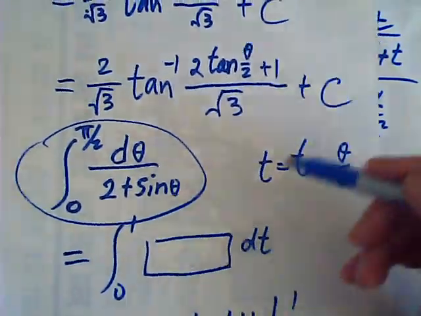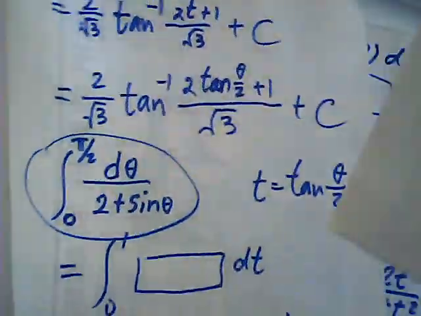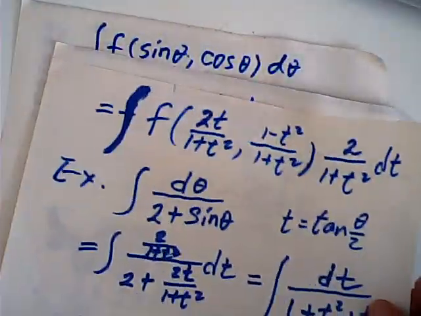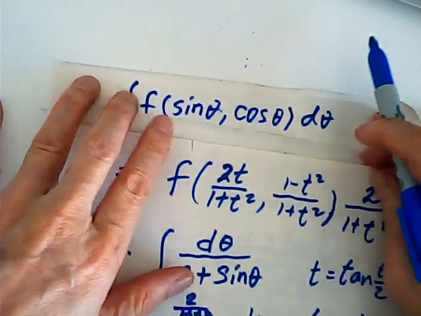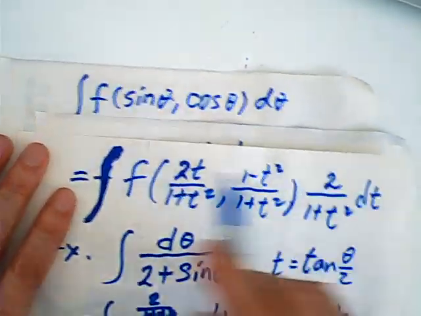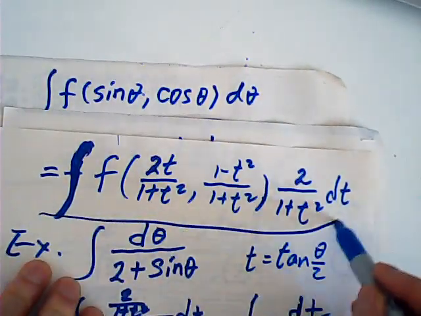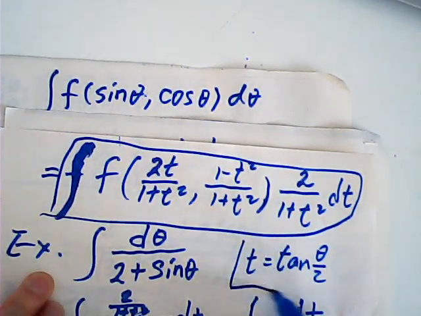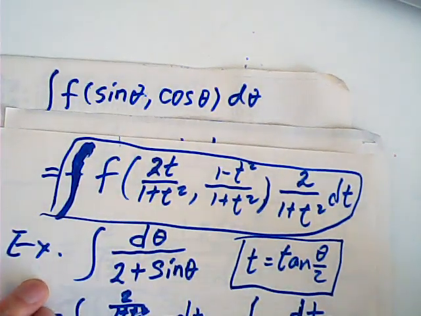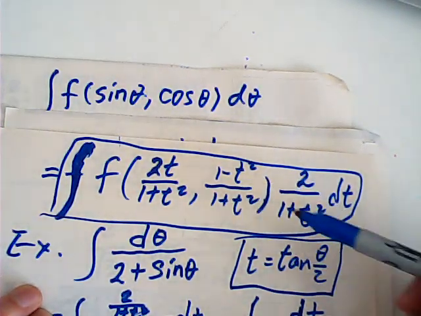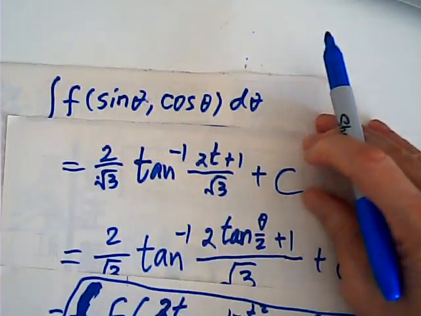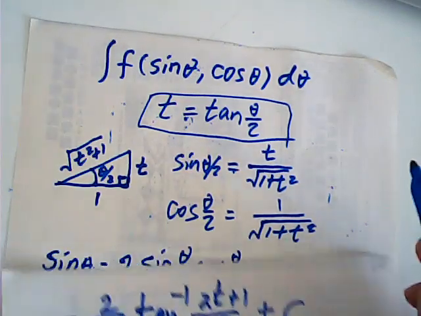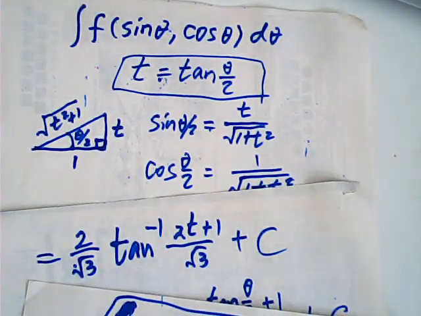So one way or the other, that is the application for this kind of integral, by knowing that this is a substitution, right? Okay, and you don't have to memorize those things. You can easily derive them from the triangle. Okay, that's what I want to say. Thank you for watching.